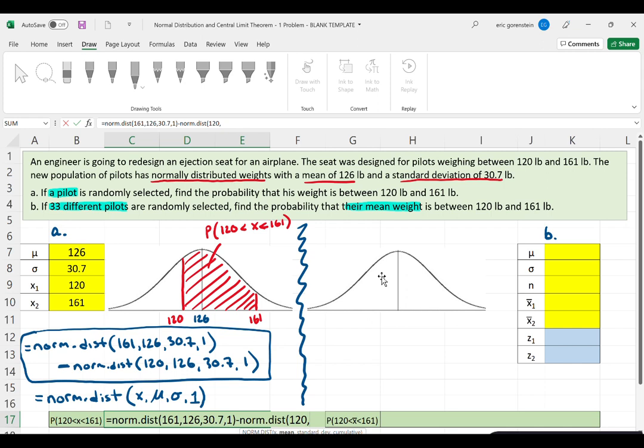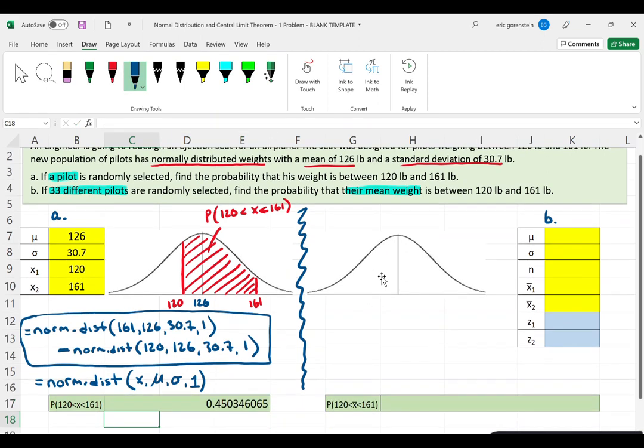So norm.dist 120, comma the mean, which is 126, standard deviation, which is 30.7, comma 1. So what I've just typed out is what I have written above in blue. And so there's our probability, about 45%.